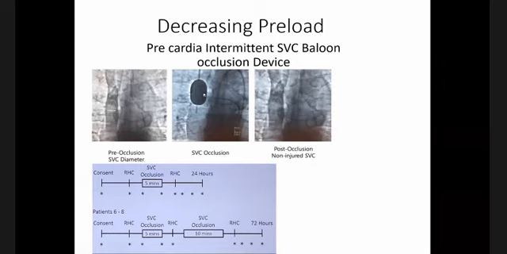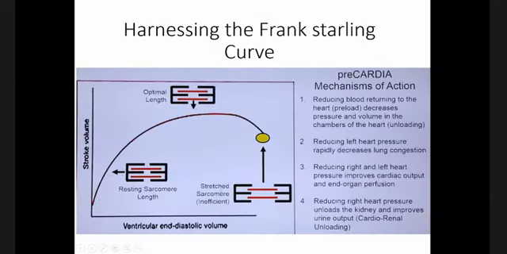This decreases the preload of the heart, or the amount of blood flowing into the right ventricle and the left ventricle also. And what it does basically is it moves these patients from a decompensated part of the Frank-Starling curve to a compensated part of the Frank-Starling curve.